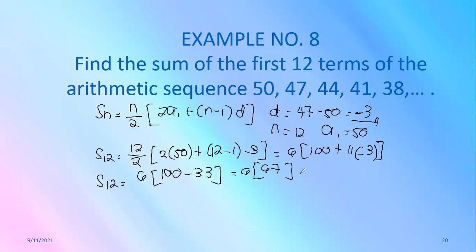So yan na yun. So sum ng 12 terms natin, so 67 multiplied by 6, this is 42. So 6 times 6, 36, so 402.